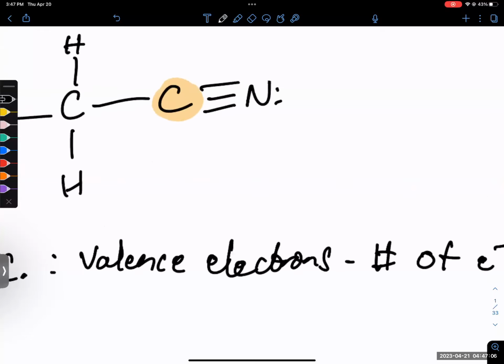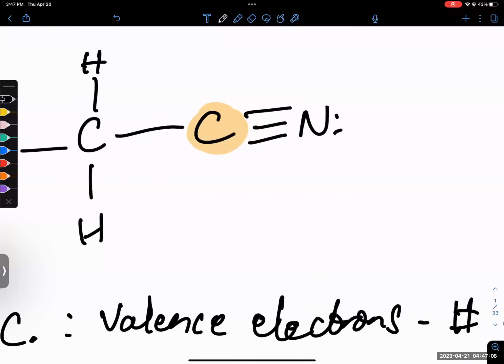So right here in this triple bond, how many electrons does this carbon have in the triple bond? Like how many are coming from carbon? Yeah, 3. And the way to tell that is how many electrons are in a bond? 2. So each one of the electrons has to come from the carbon.